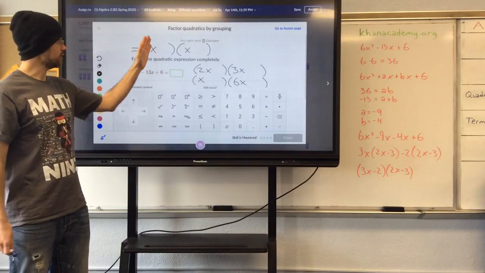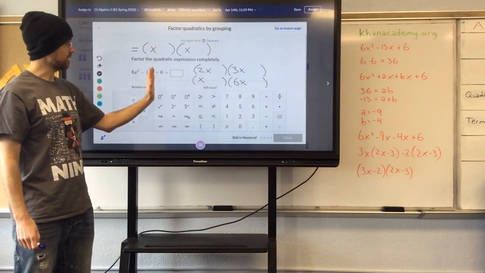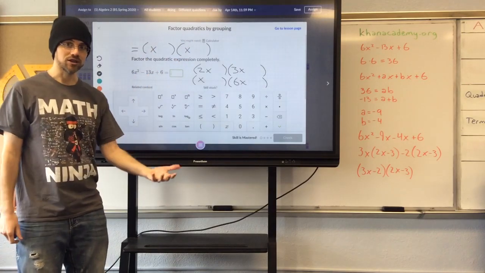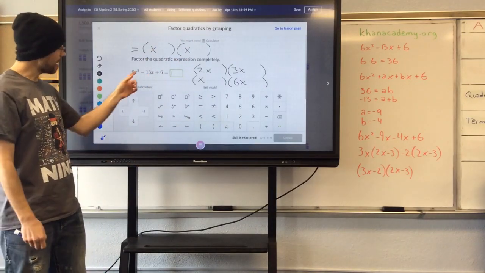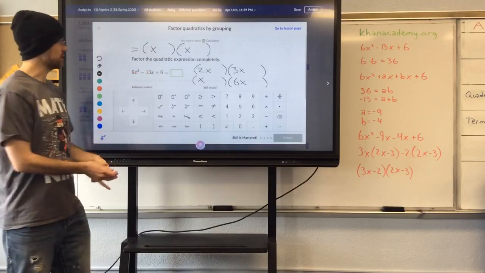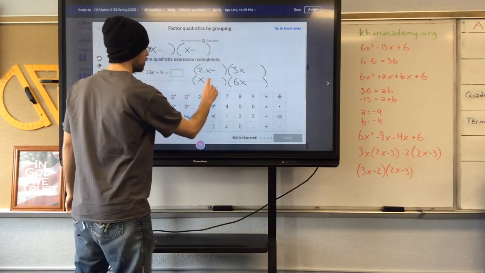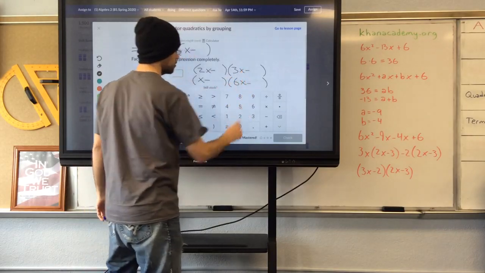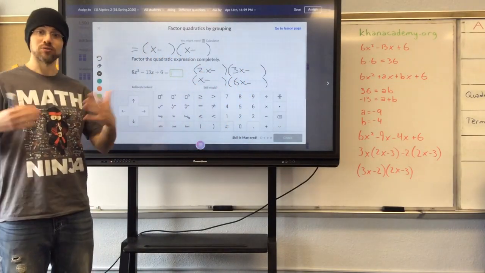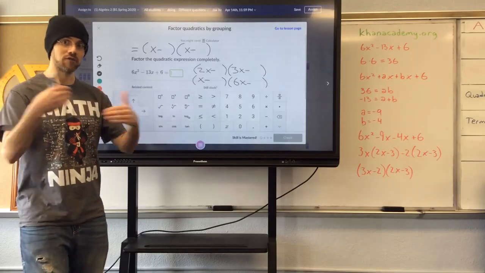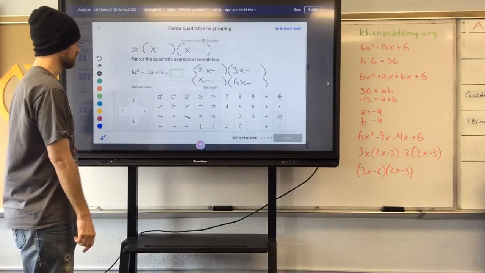So multiplying a constant times a constant and getting a positive, that means they're either both positive or they're both negative. They have to both be negative because my middle term is negative. So I know I'm going to subtract. No matter what my numbers are, it's going to be subtraction, which is nice. It makes my life easier. I don't have to think about which one's positive, which one's negative.